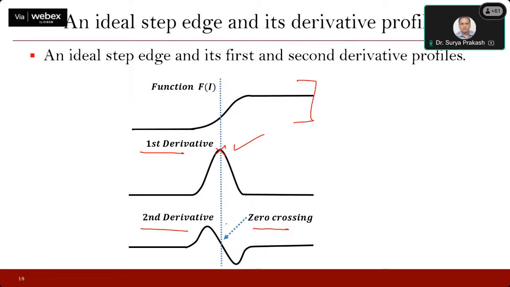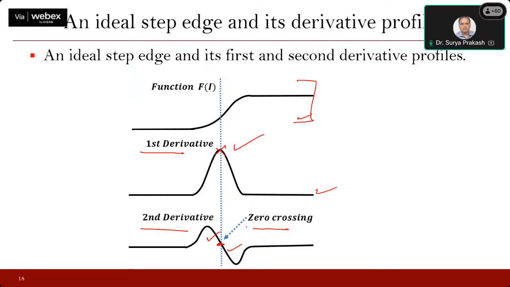You see when you have this intensity profile, and then you compute the first derivative, corresponding to that, when you compute the second derivative, on either side of the edge pixel you will see some non-zero values, and at the place where the edge is, you will have exactly zero value.